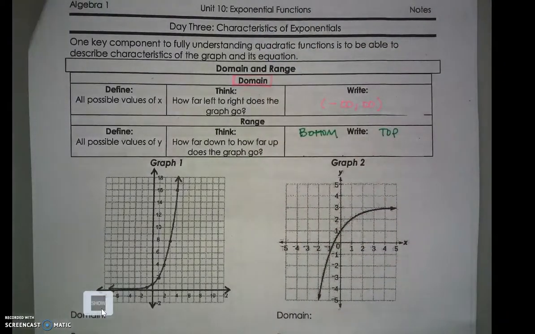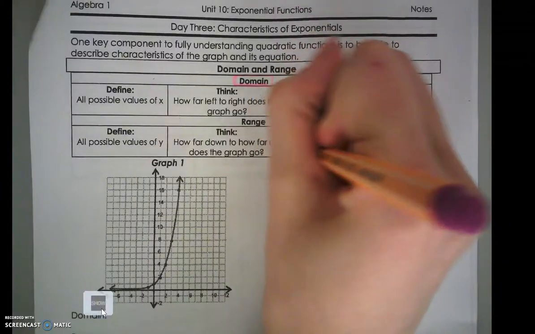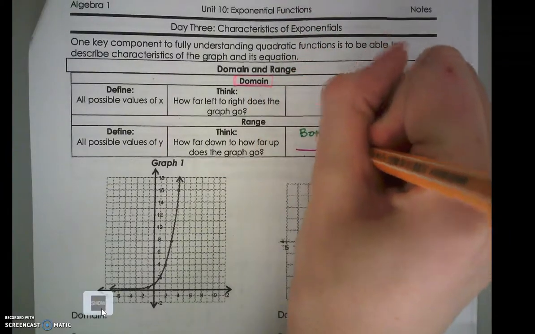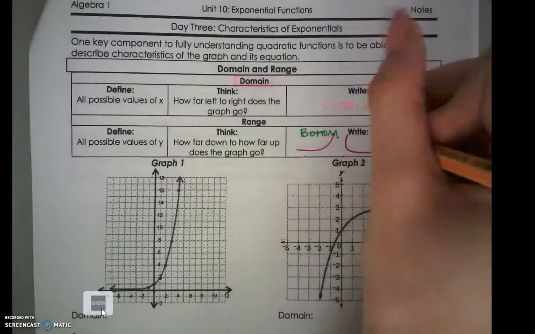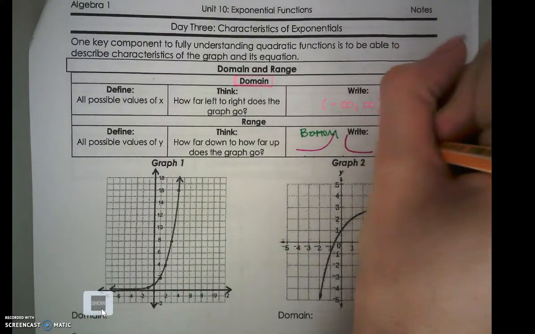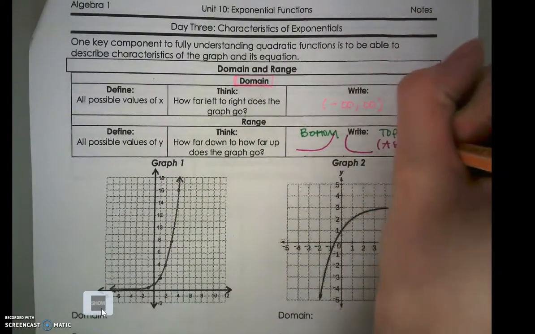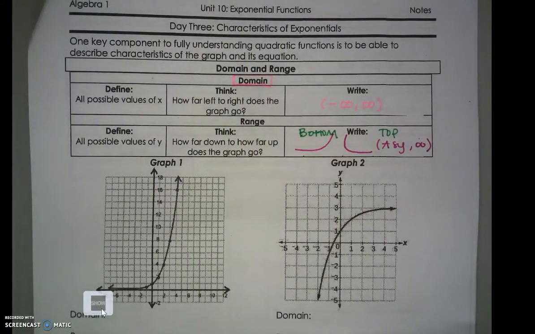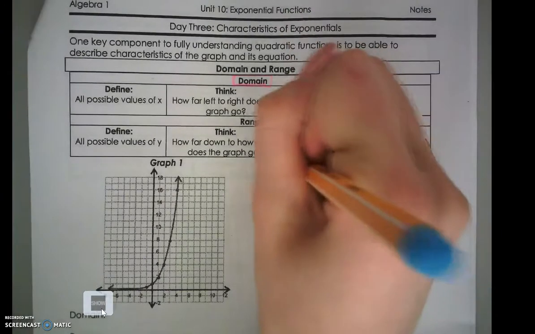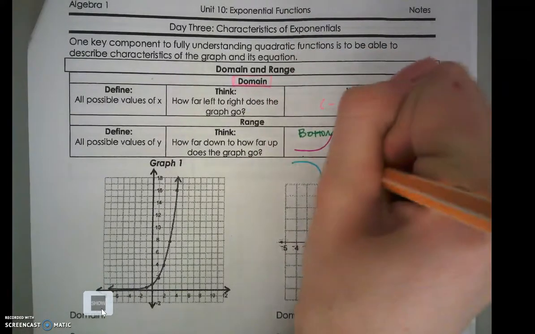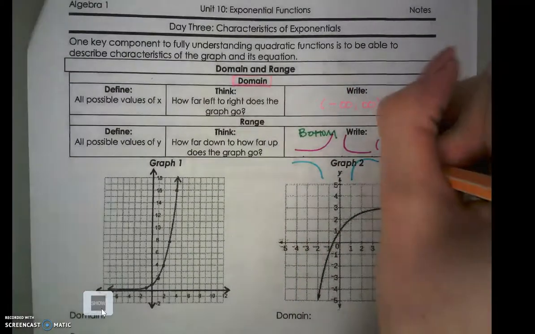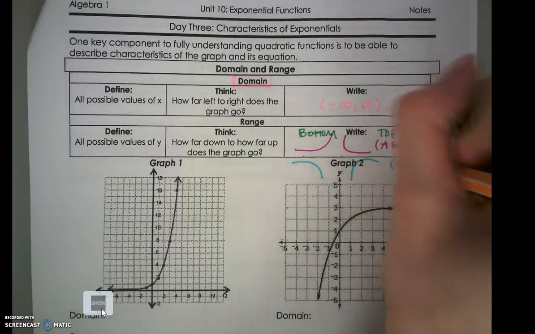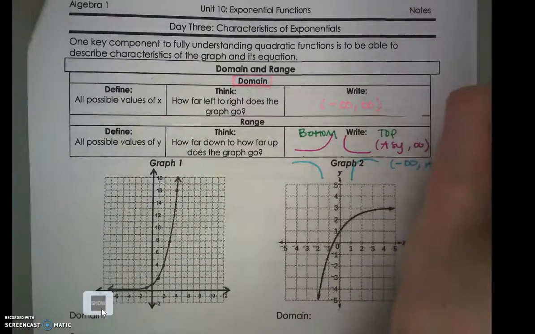If we have a graph opened up like this or like this, my range is from my asymptote to infinity. If my graphs are being reflected like this or like this, I'm now going to go from negative infinity up to my asymptote.